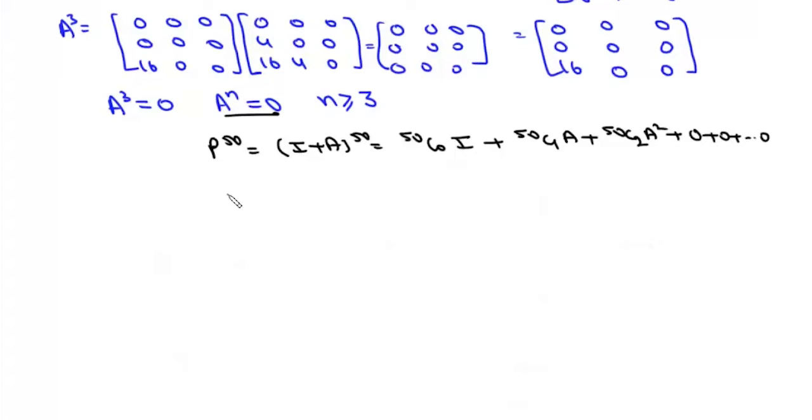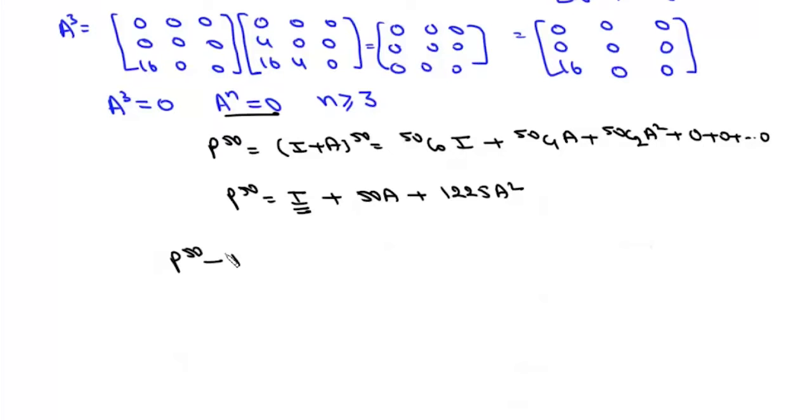So we can write P to the power 50, 50C0 is 1, so it will be I, plus 50A, and plus 50C2 is 50 into 49 by 2, which is 1225 into A square.